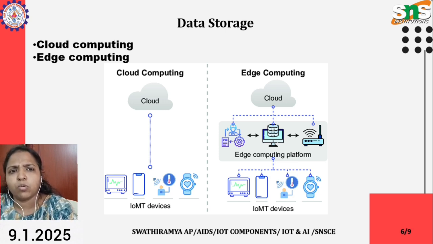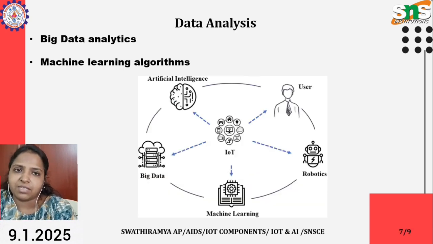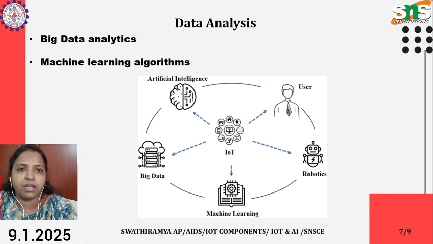Then what will you do with this data? You collected it, you processed it, and you have already received the output. So the next thing, obviously, is data analytics. For this, you can use big data analytics and machine learning algorithms. Generally, IoT generates a large amount of data. For example, take a surveillance camera fitted in some place.